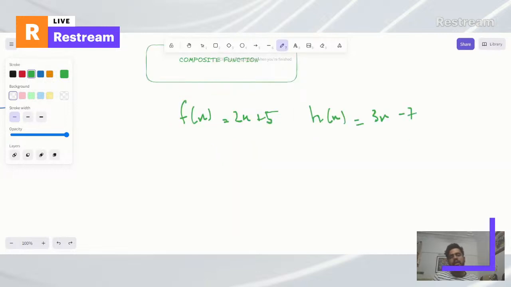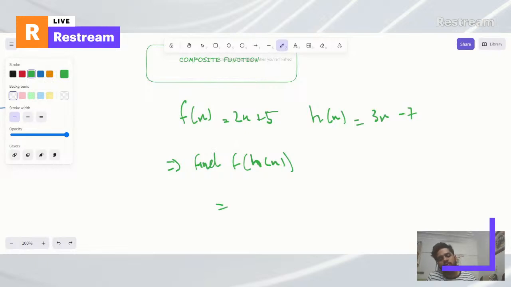Now if I write a composite function that says find f(h(x)), okay?